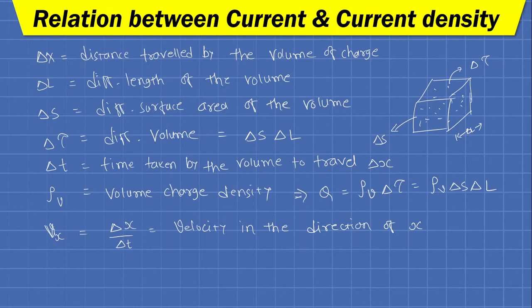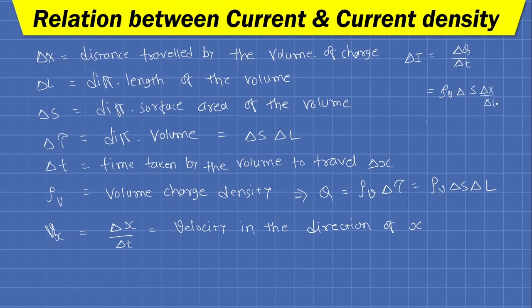We can write the current as delta I equals delta Q by delta T. Now delta Q is nothing but rho V delta S delta X by delta T. So we have rho V delta S Vx, and this is the value of our current.